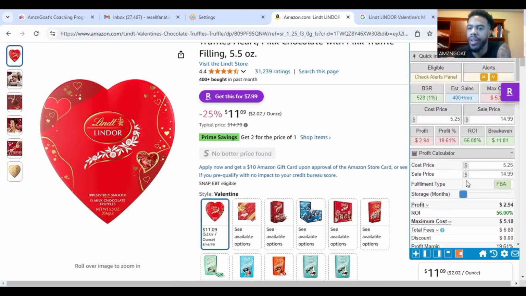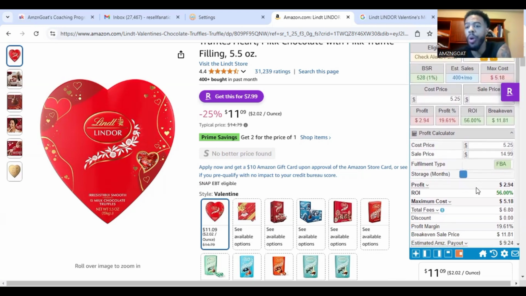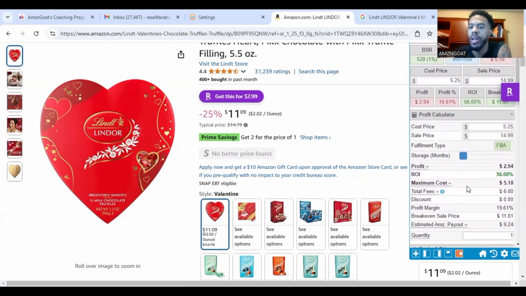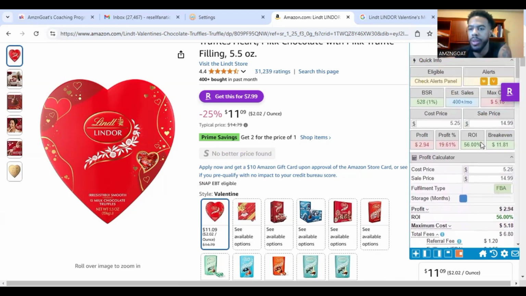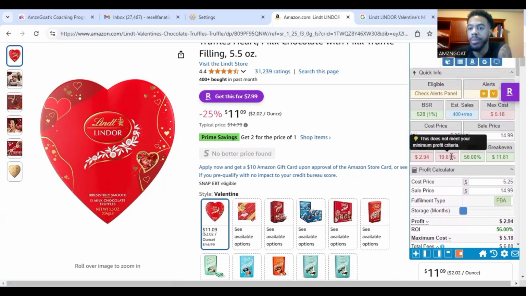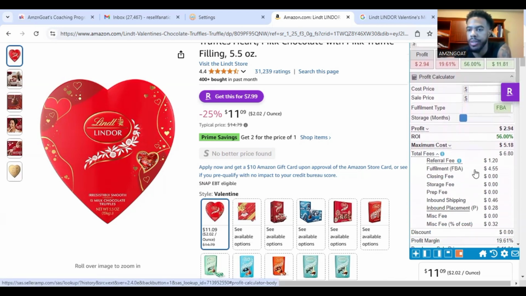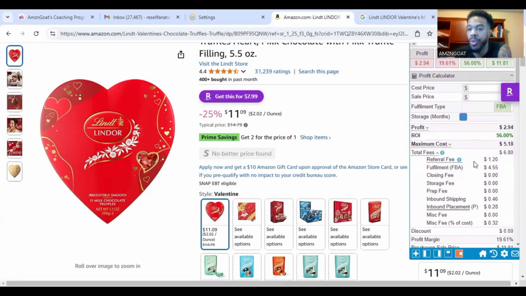And then also, if you are FBAing a product, one thing I love about SellerAmp is it's going to tell you all of the fees that are associated with the sale. So these numbers that we're looking at are very accurate. Probably 100%. Because they give you all of the fees.